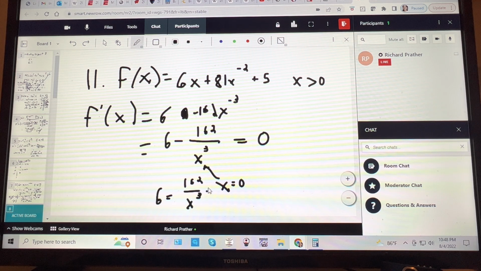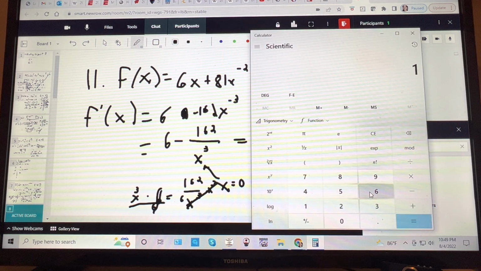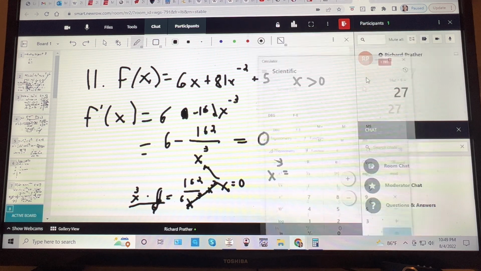Then you could multiply both sides by x cubed. Divide both sides by 6. So I've got x cubed equals 162 divided by 6. Let's see if that divides evenly. Yep, 27.